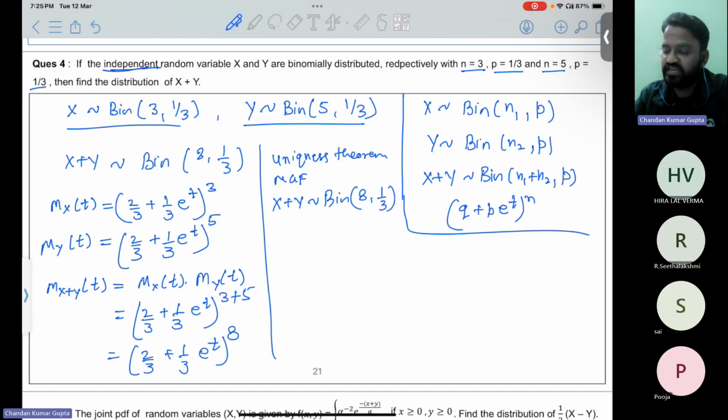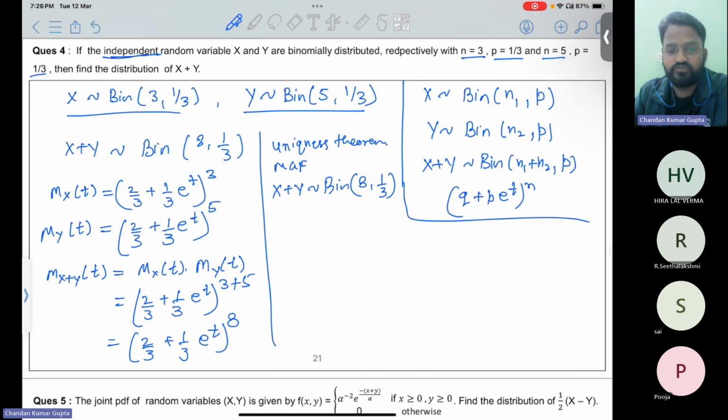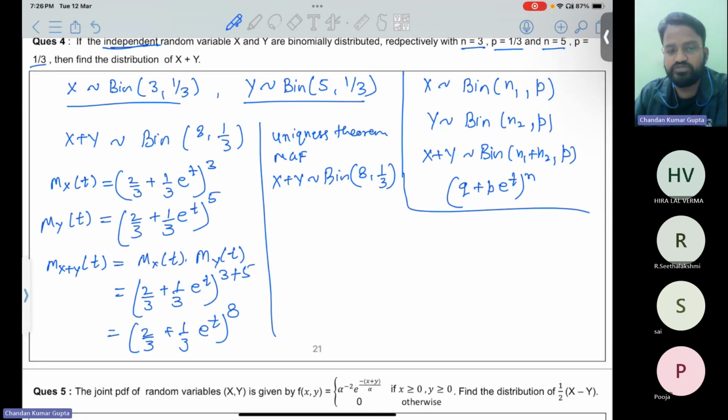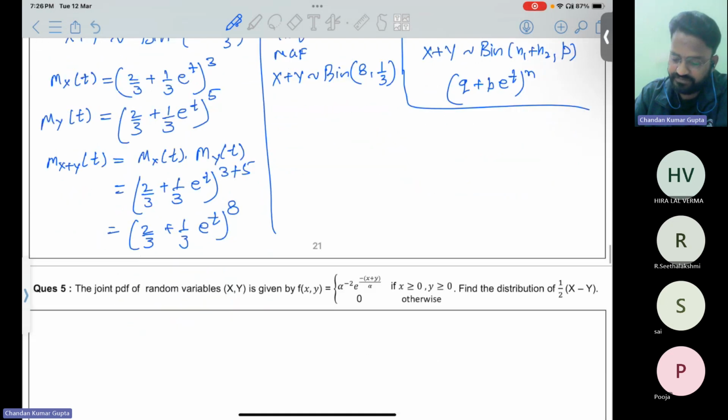So either you may use the direct additive property of the binomial distribution, or you may use the uniqueness MGF approach. In both cases, you find that X plus Y follows a binomial distribution with parameters 8 and 1 by 3.